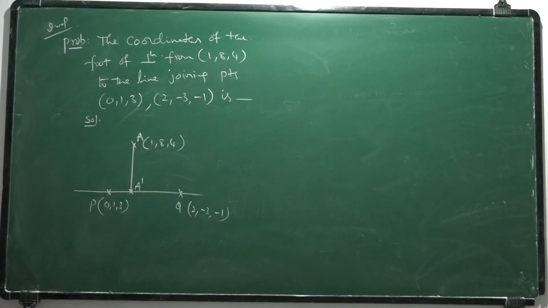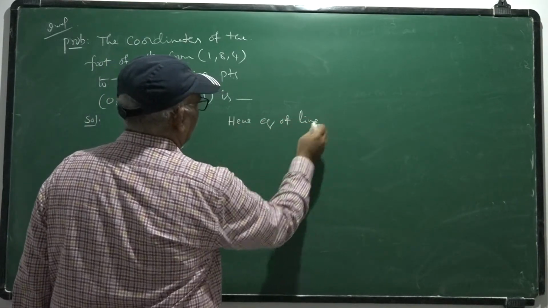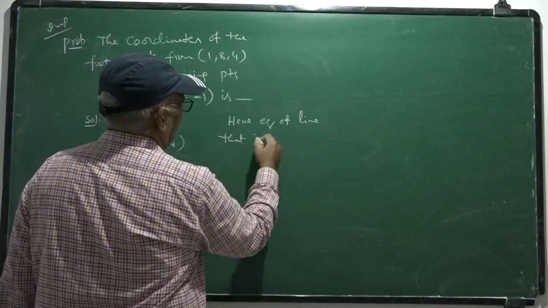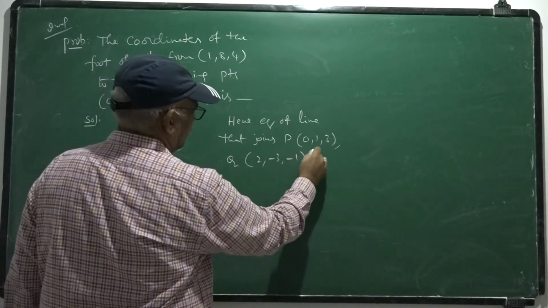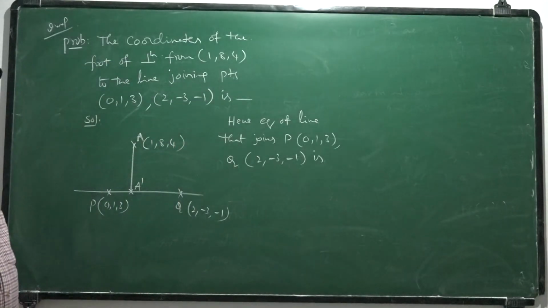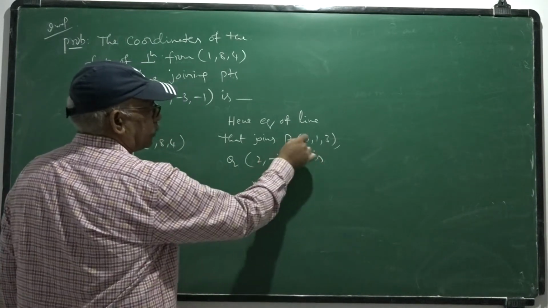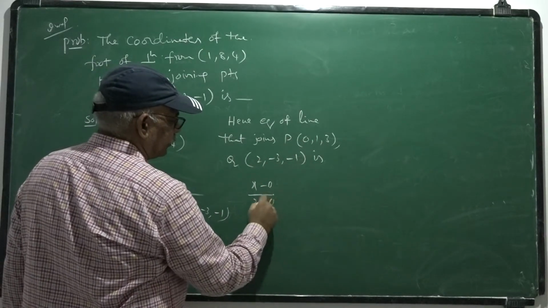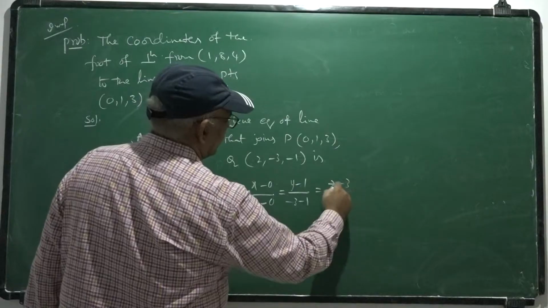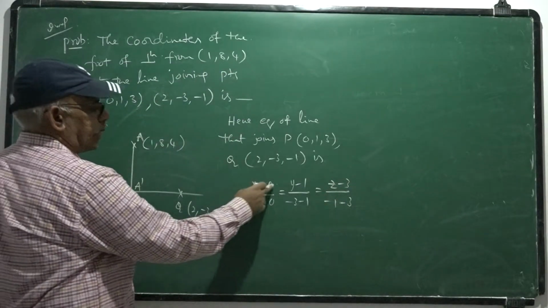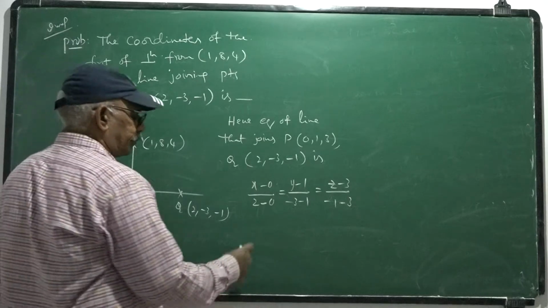let us find the equation of PQ itself. Here, the equation of line that joins P (0, 1, 3) and Q (2, -3, -1), the line that passes through two given fixed points, is (x - 0)/(2 - 0) = (y - 1)/(-3 - 1) = (z - 3)/(-1 - 3), that is, (x - x1)/(x2 - x1) = (y - y1)/(y2 - y1) = (z - z1)/(z2 - z1).